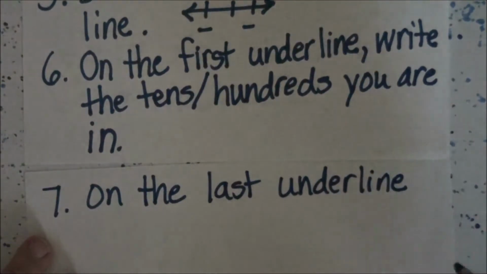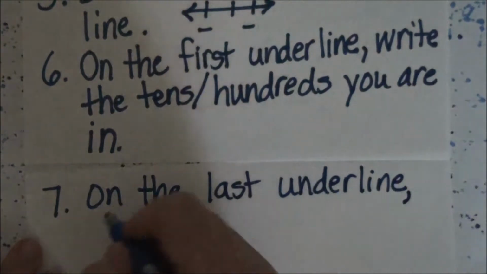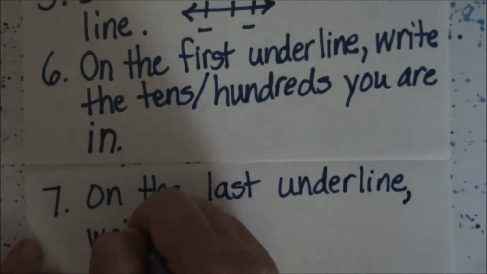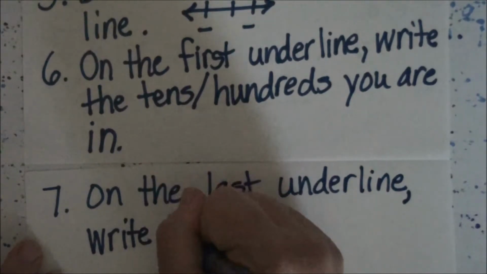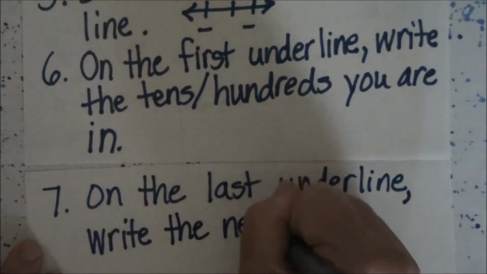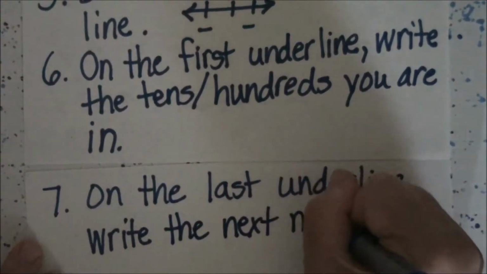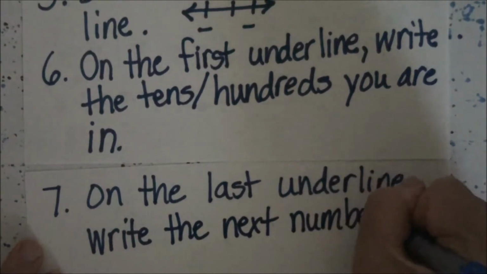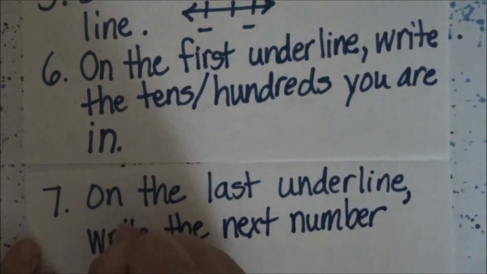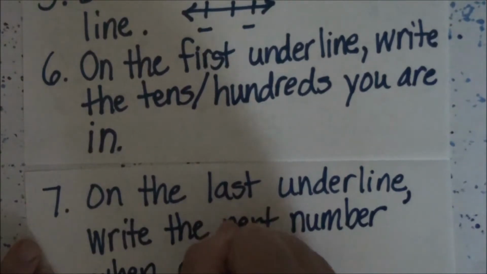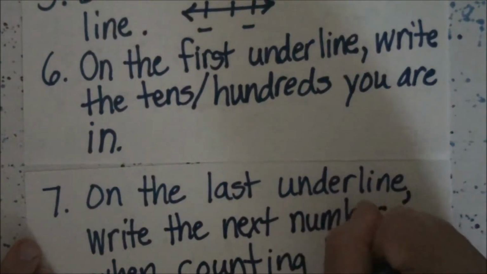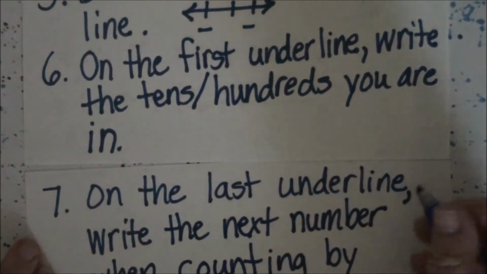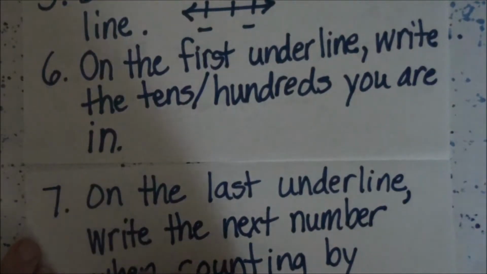On the last underline, write the next number when counting by tens or hundreds.